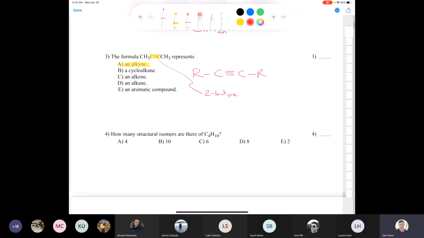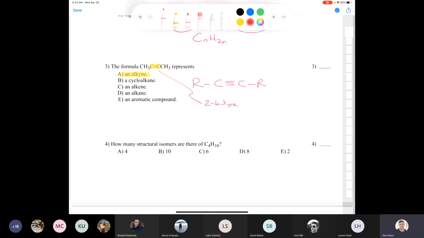Question number 4, how many structural isomers are there of C4H10? That means, or is asking, how many different ways can I connect the 4 carbons and the 10 hydrogens? Well, one way is to connect them all like this in butane, right? Which is the same thing as CH3, CH2, CH2, CH3. There is, in fact, only one other way for me to connect 4 carbons and 10 hydrogens together, and that is to put them like this, okay?